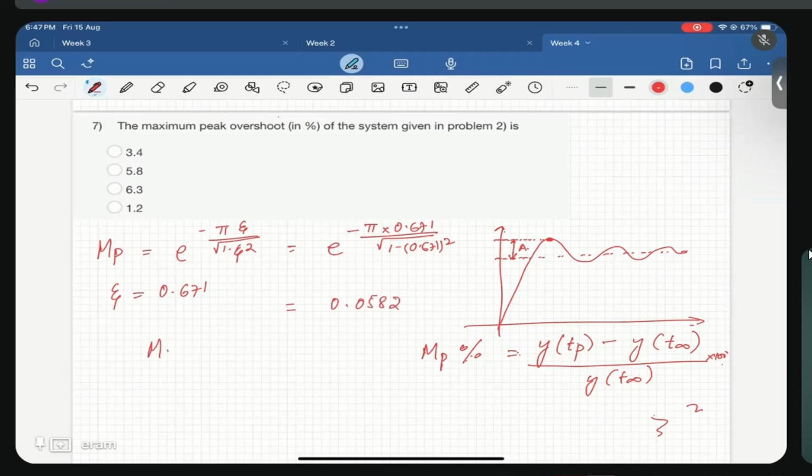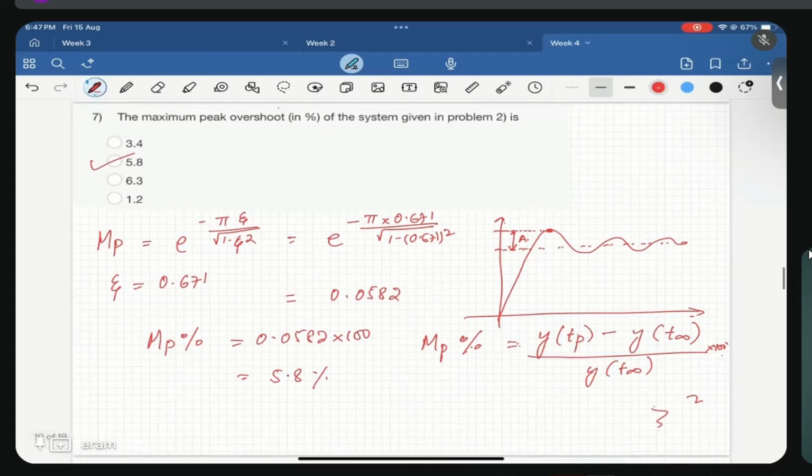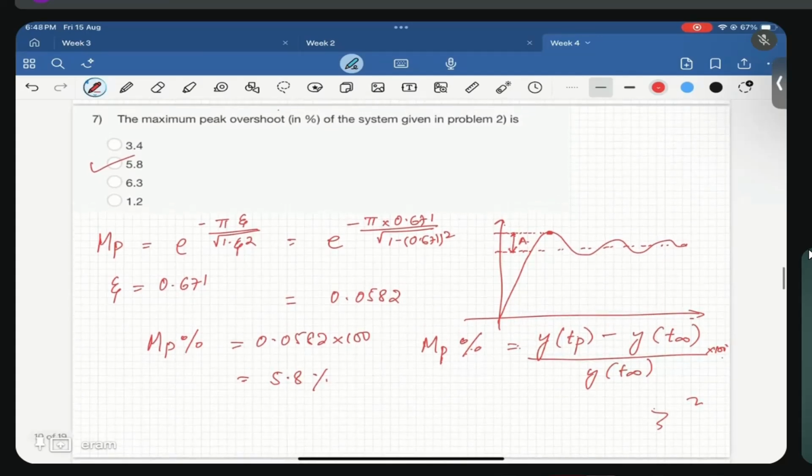Now if you calculate in percentage, it will be 0.0582 into 100, which is 5.8%. Sometimes you will be given values based on these graphs. So if the question appears like this, you need to calculate the percentage overshoot using this formula.